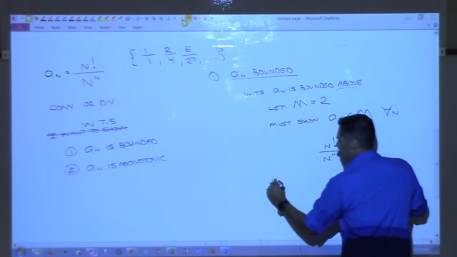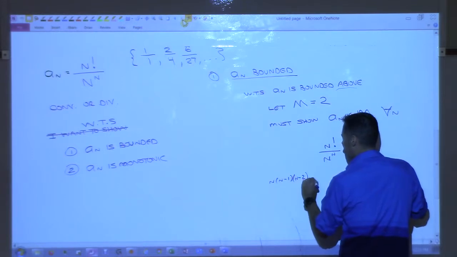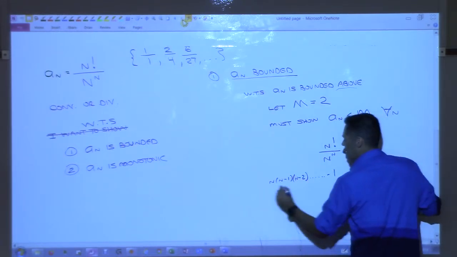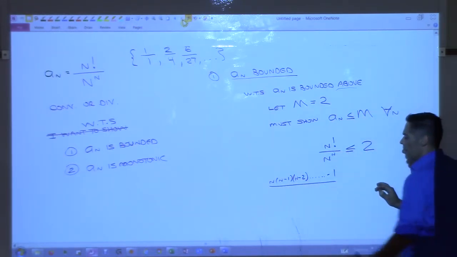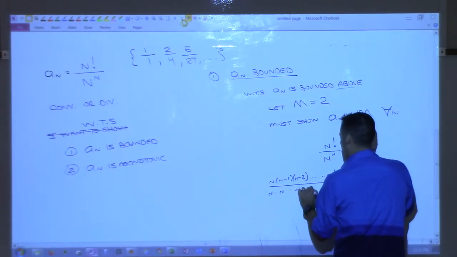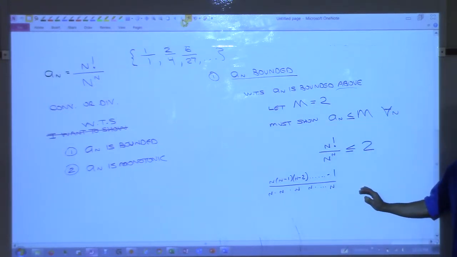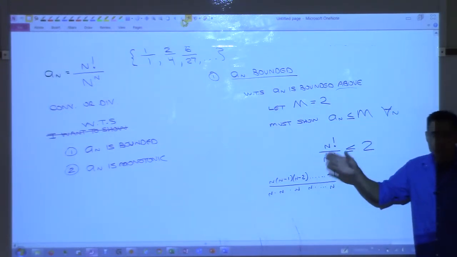Watch. n times n minus 1 times n minus 2 times dot, dot, dot, all the way down to 1. That's n factorial, right? On the bottom, that's n times n times n times n, dot, dot, dot, all the way down. Right? n to the n is n times.